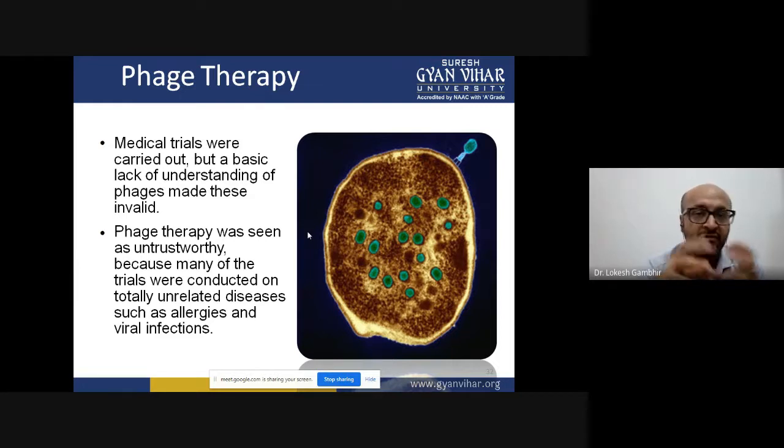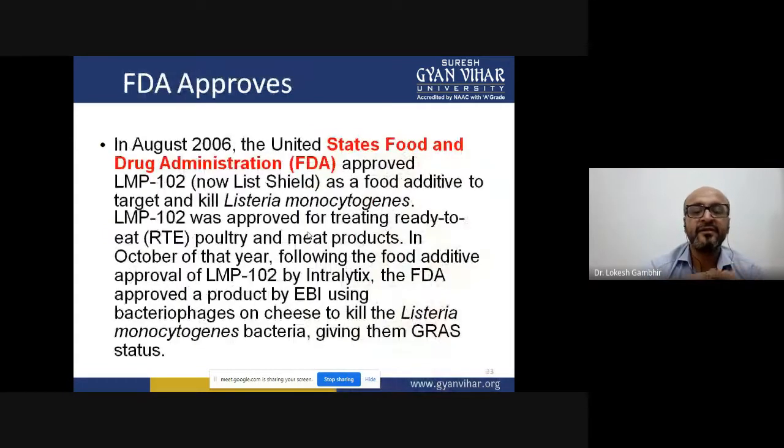But then when we had better instrumentation, a better conceptual orientation, and had understood a major part of these viruses or phages, this research was potentiated again. In 2006 the FDA, Food and Drug Administration, approved the use of LMP102 as a food additive to kill Listeria monocytogenes.